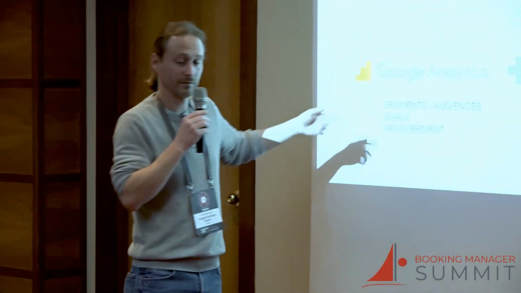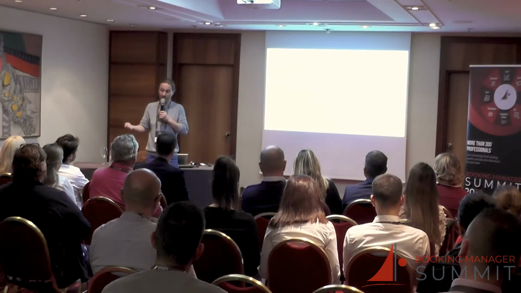Then the goals part and the measurement part. We already talked about conversions. So each site has one or more conversions, main ones or micro ones. The main ones are what brings you money. The micro ones, the minor conversions, are all of those that show that the user has a great interest in what you offer.